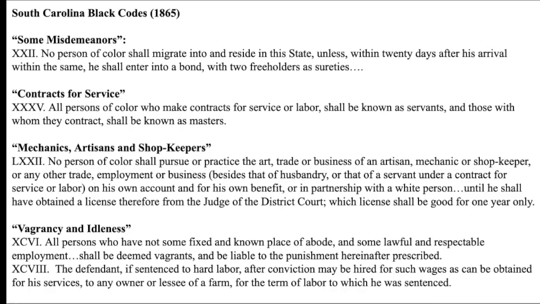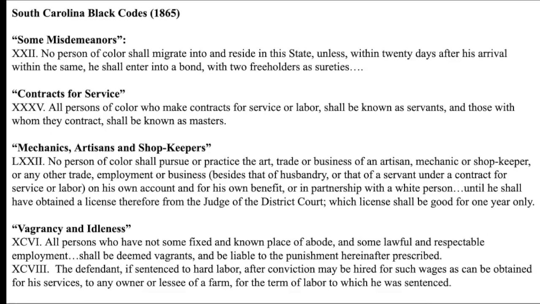All persons of color who make contracts for service or labor shall be known as servants, and those with whom they contract shall be known as masters. So clearly here, rather than having employer-employee, which would carry much more the sense of freedom to make contract, they're in the law pulling back the word master.